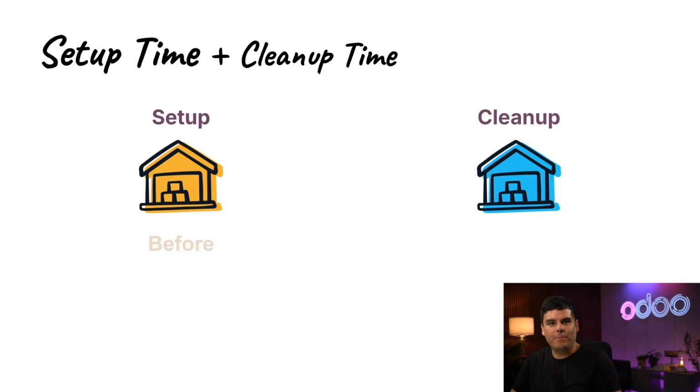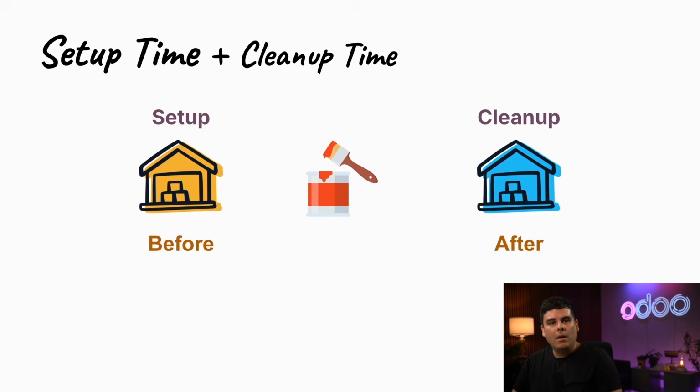For example, at our finishing station, setup time is used to get the wood finish from storage, and cleanup time is used to return the wood finish to storage. It wouldn't make sense to move the wood finish in and out of storage while we're working, so setup and cleanup are only scheduled once before and after the order.